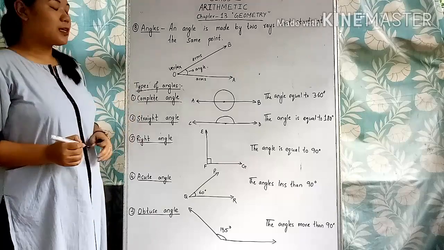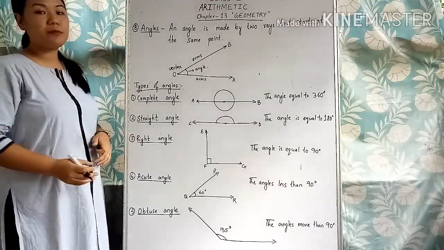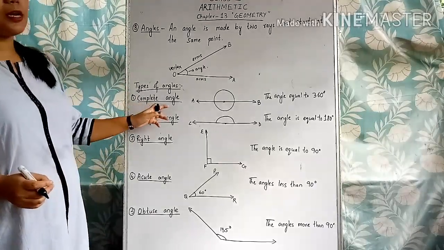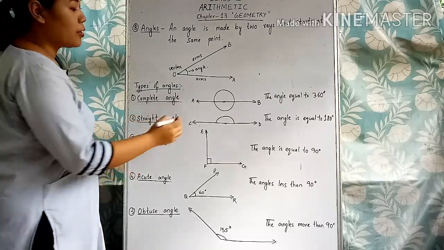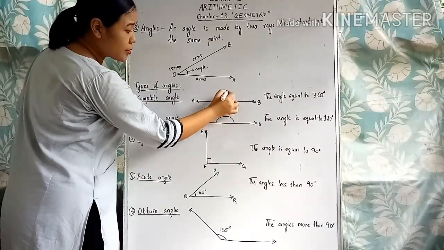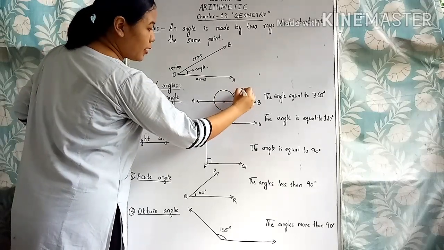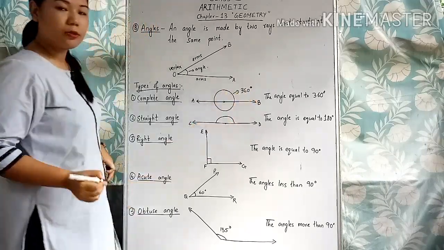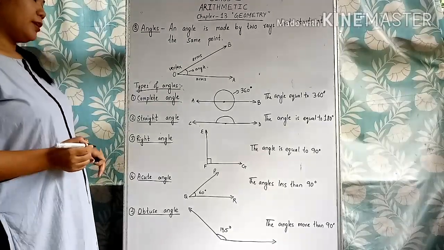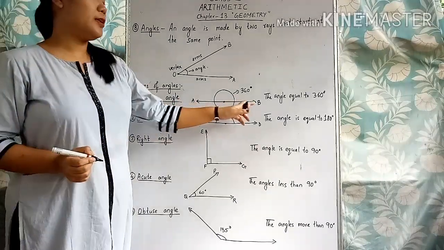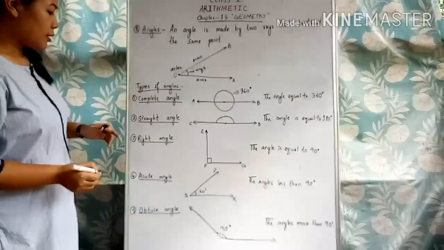Next is the types of angle. There are different types of angles. Number one is complete angle. When we say complete angle, you can see here it is a whole rotation, okay. So this angle is equal to 360 degree. So complete angle is equal to 360 degree.